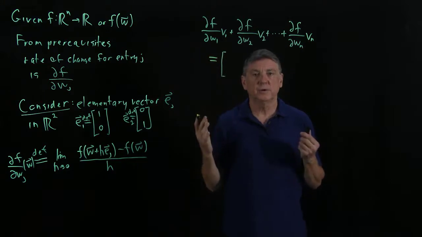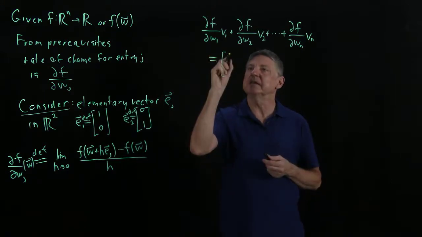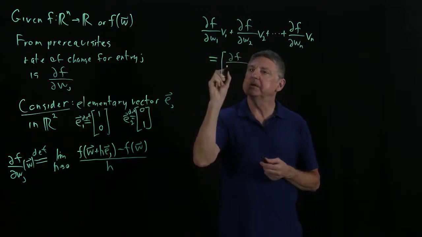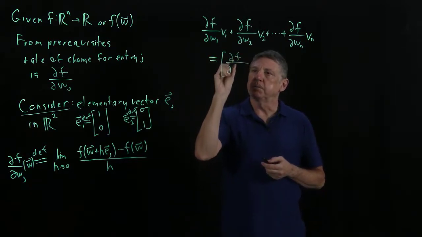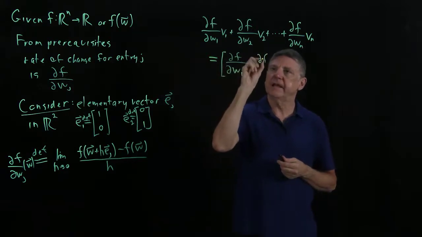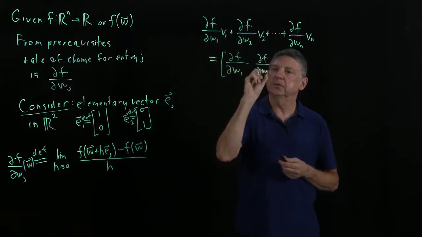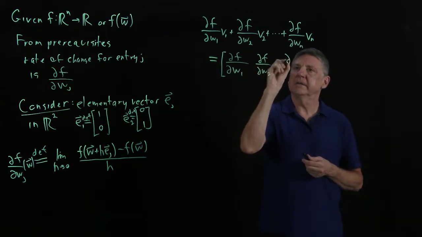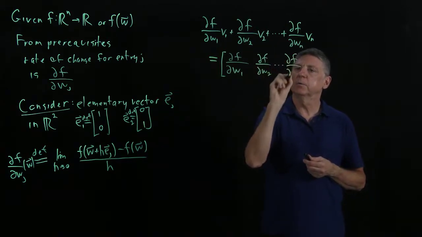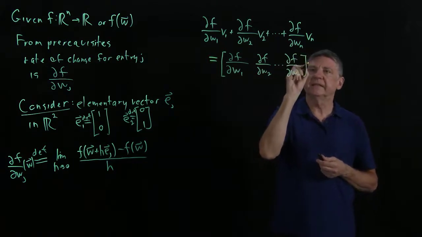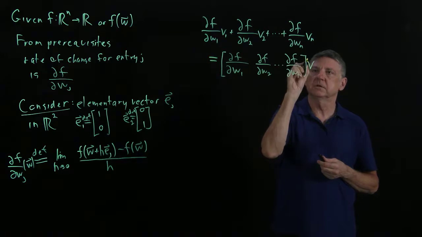the result that we had in the previous session. That is a one form. So we could put this as a one form: the partial of f with respect to 1, the partial of f with respect to 2, and so on until we get to the partial of f with respect to n, and then it is simply times v.